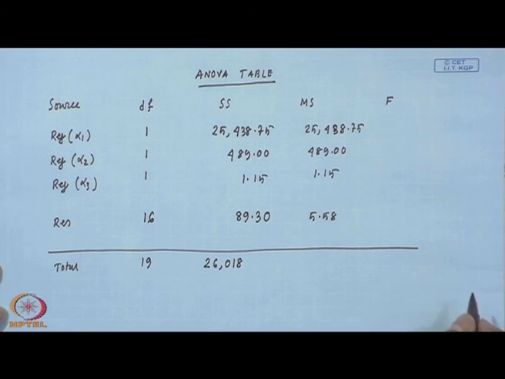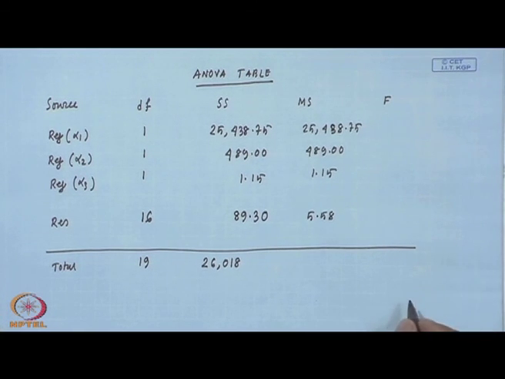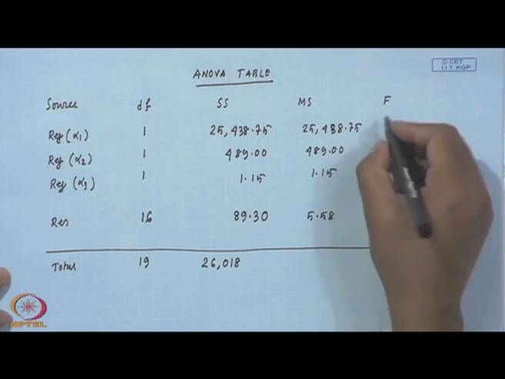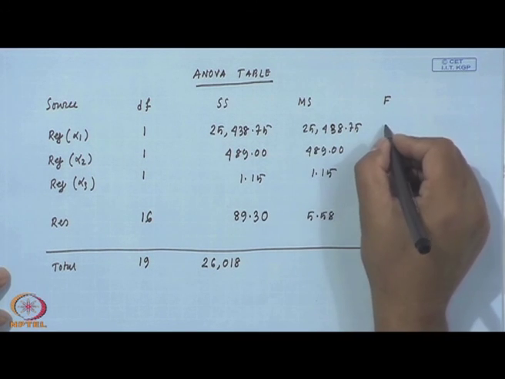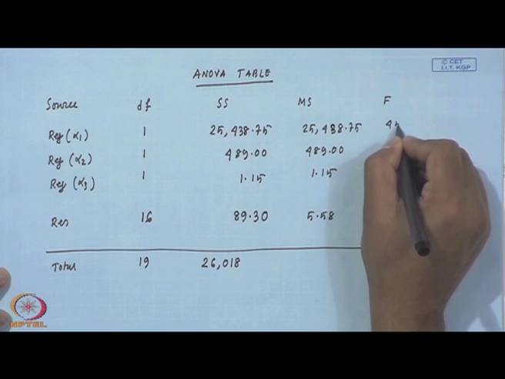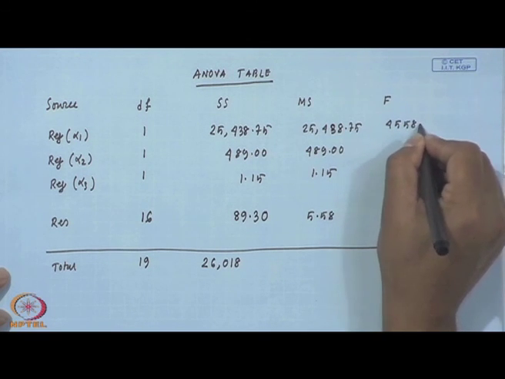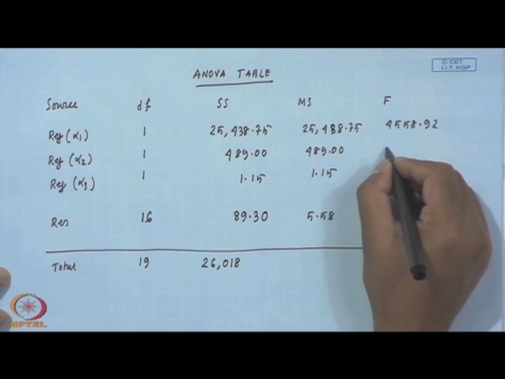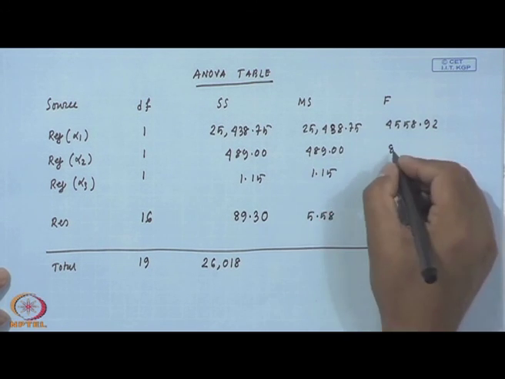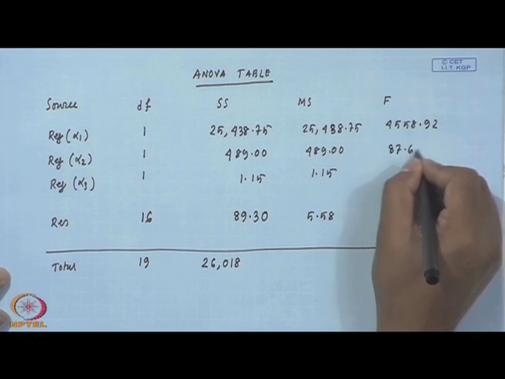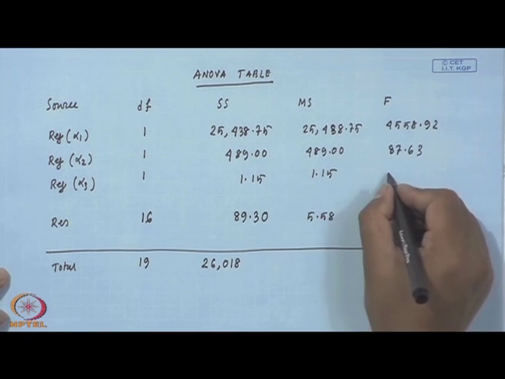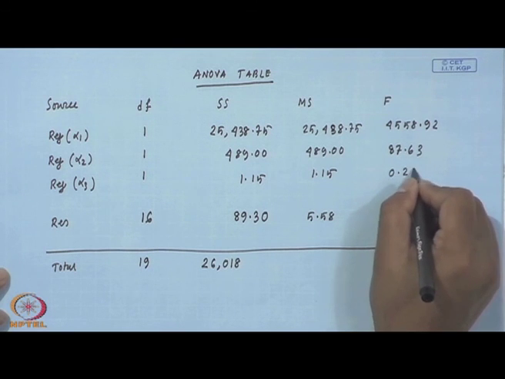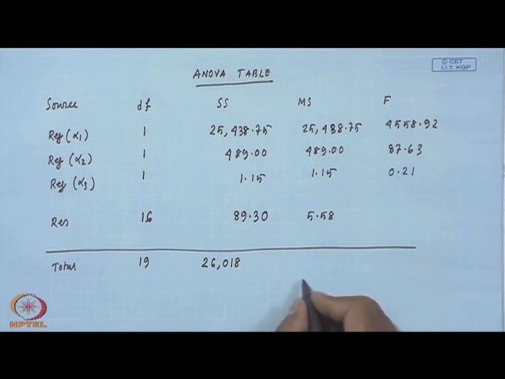Then the F value for alpha 1 is this by this, that is 4558.92, and F value for alpha 2 is 87.63, and the F value for alpha 3 is 0.21, and this all follows F with degree of freedom 1, 16.